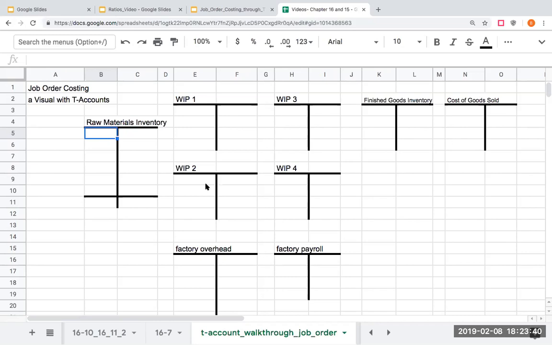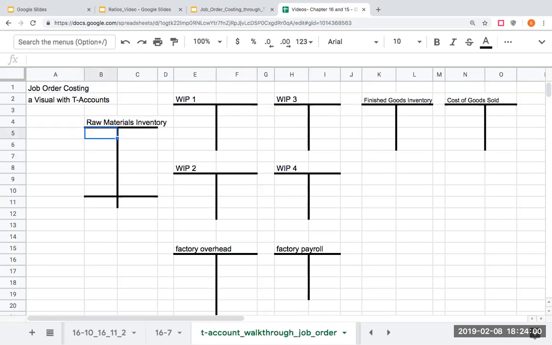If it's finished but unsold, it's just going to stay in finished goods inventory. Remember, at the end of the period, whatever's remaining in work in process stays in work in process. So let's take a look at this from a purely theoretical perspective.